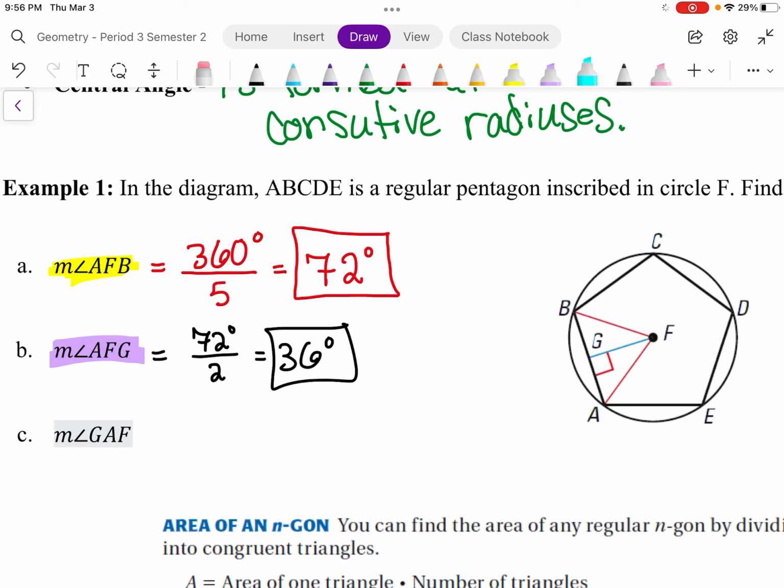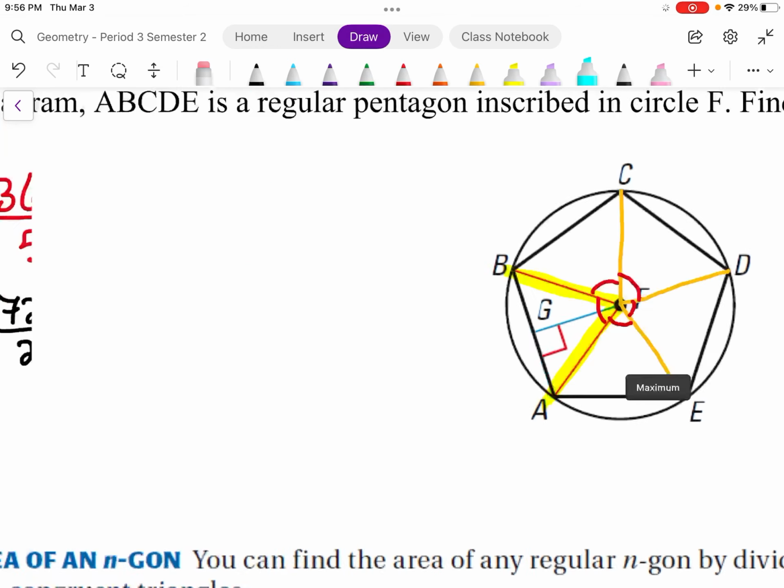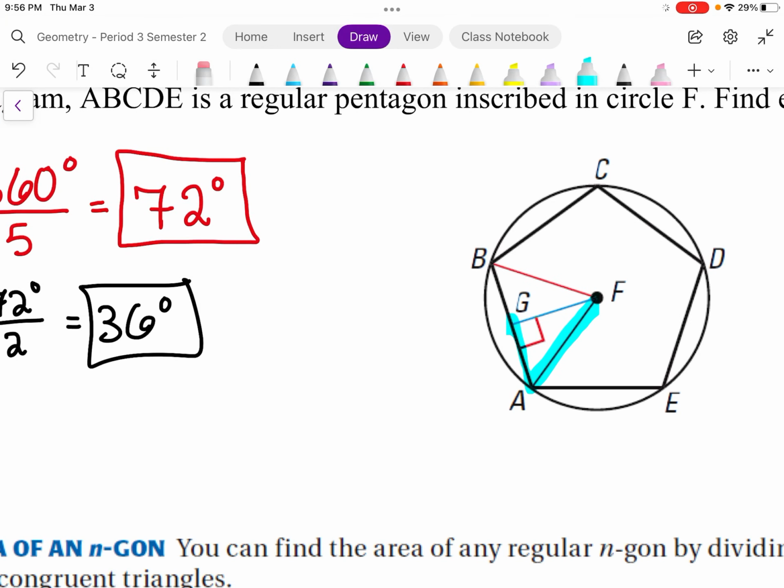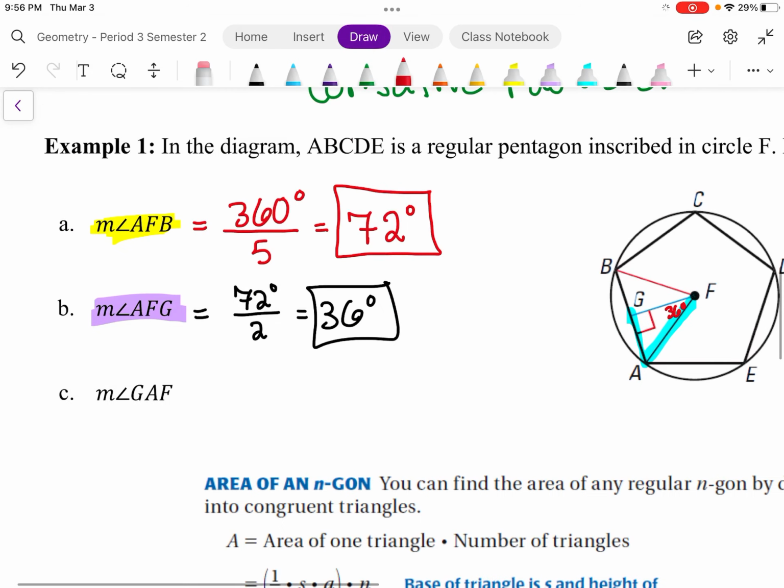And now that we have that, we can go ahead and find our last angle, which is GAF. We can figure out what this angle is because it is part of a right triangle. And we know that this angle up here is 36 degrees.